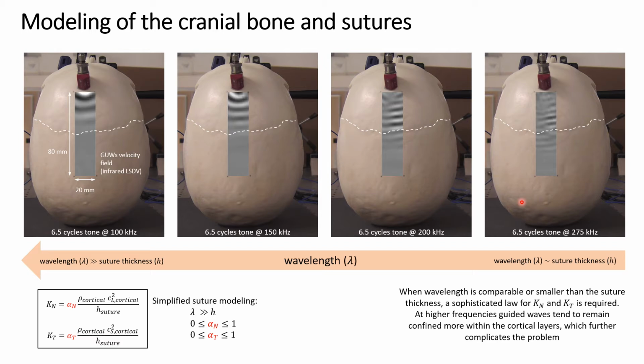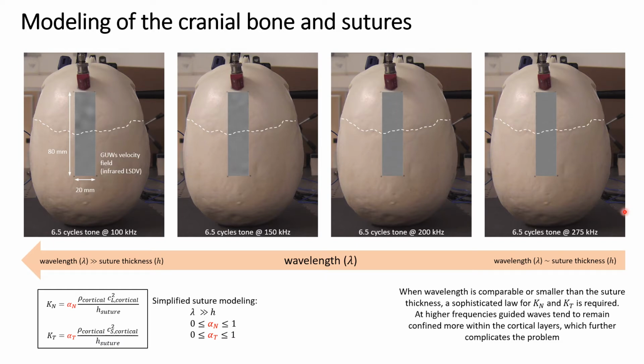At 275 kHz, the wavelength of the A0 mode is about 5 millimeters, while from the CT scans, we have found that the average width of the suture is about 3.5 millimeters. So in this case, we will most likely require a law for Kn and Kt that is thickness and frequency dependent.